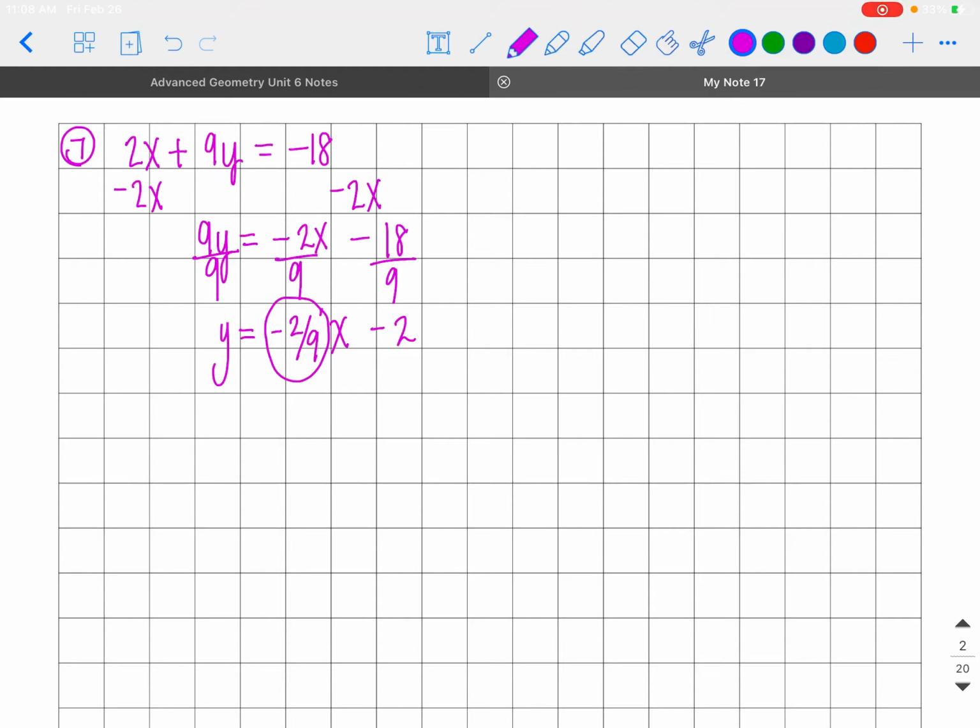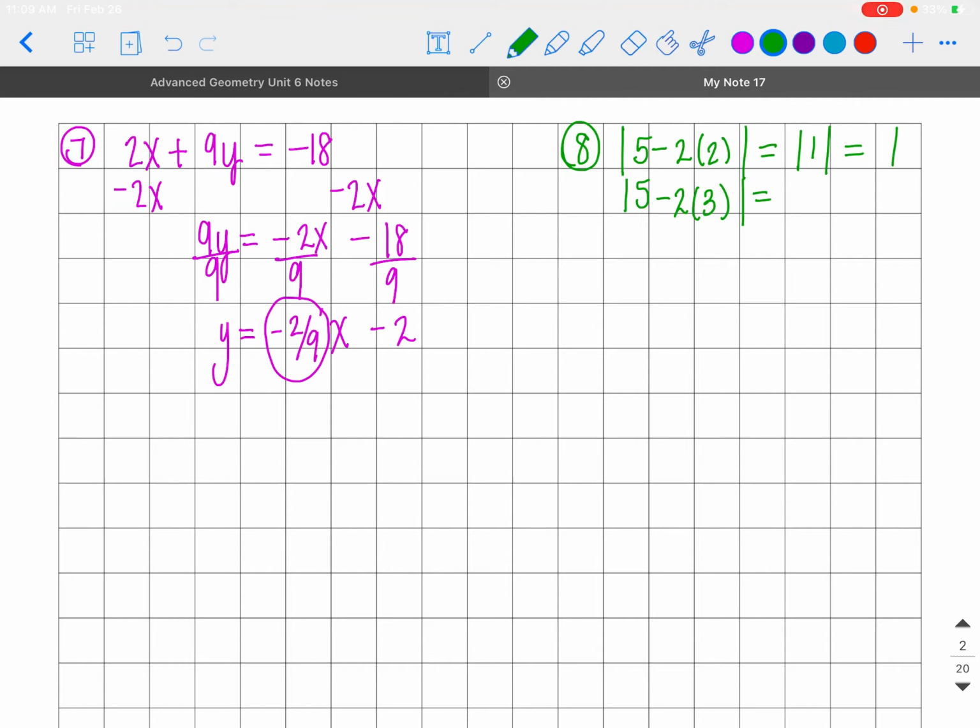Number 8, we have some absolute value. I would just plug in your answer choices and see which one gives you the right answer. So if we do the absolute value of 5 minus 2 times 2, that's the absolute value of 5 minus 4, absolute value of 1, which is 1. That's not greater than 5. So then we go to B. Absolute value, 5 minus 2 times 3.